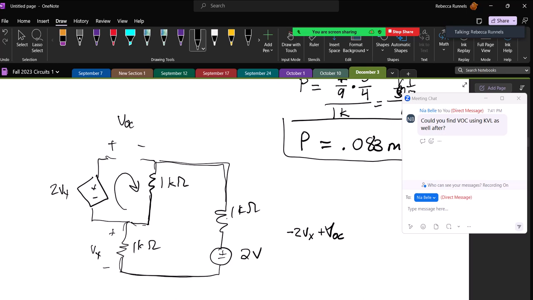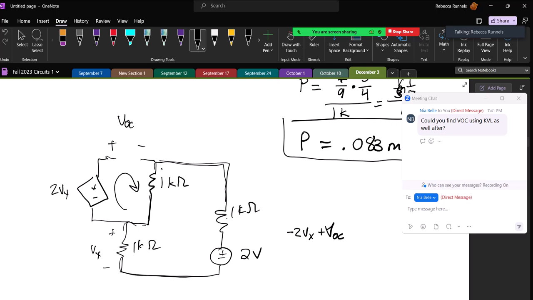And so my voltage drop here has to be Vx. Let me see, is Vx a positive or a negative number? Let me think for a second. Vx is a positive number. Trying to think of the convention we use here.